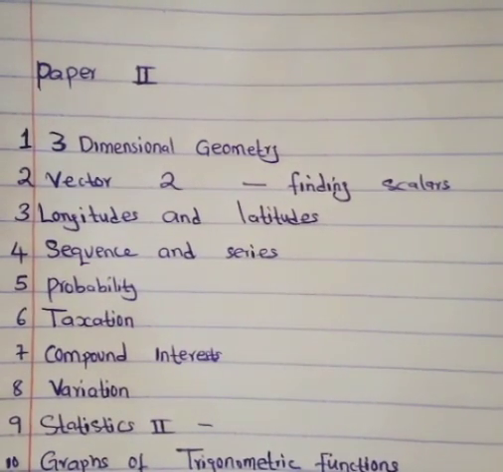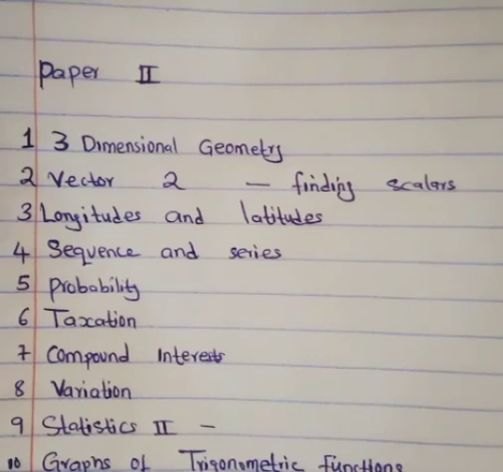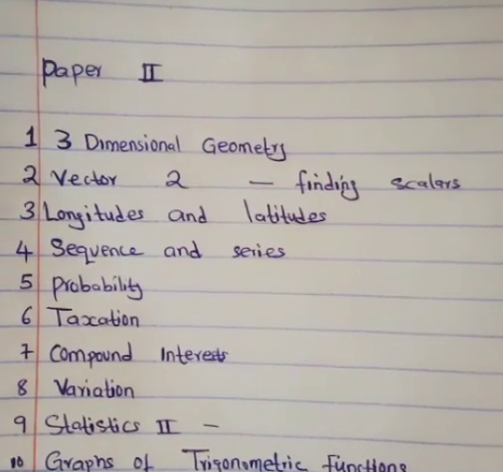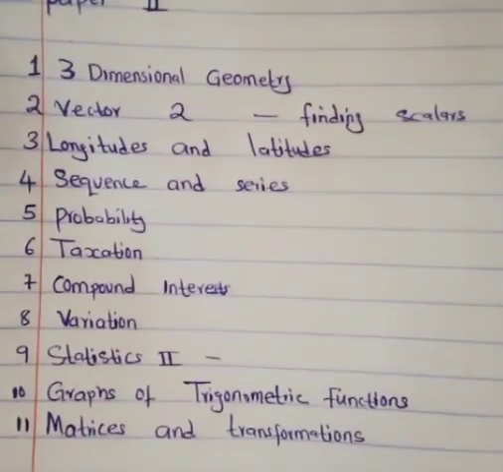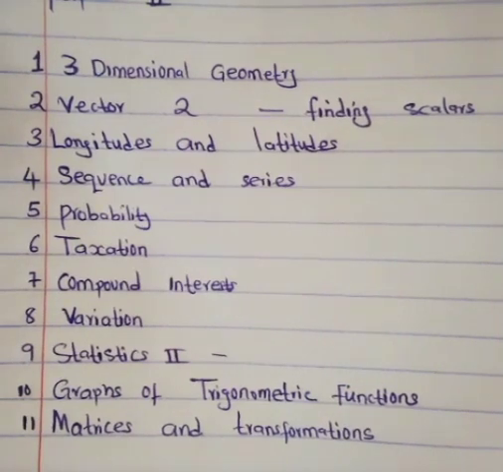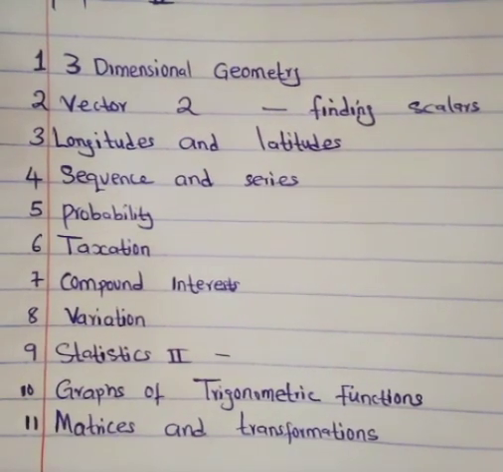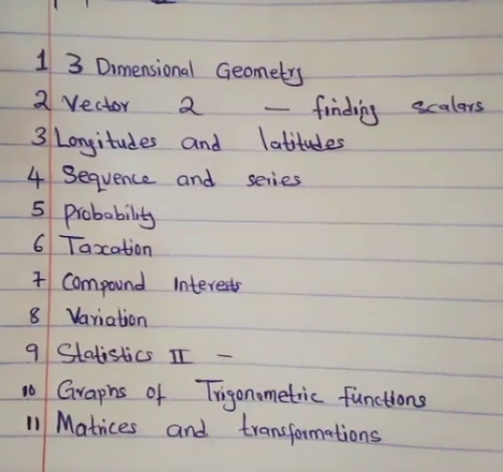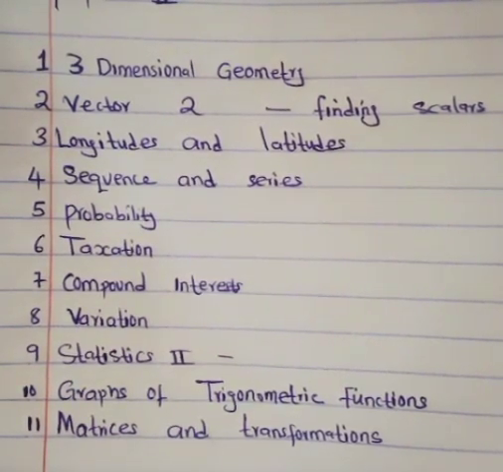We have probability. We have taxation, compound interest, variation, statistics 2. Then we have graph of trigonometric functions, and the last is matrices and transformation. So these are the topics that come on paper 2, section 2.